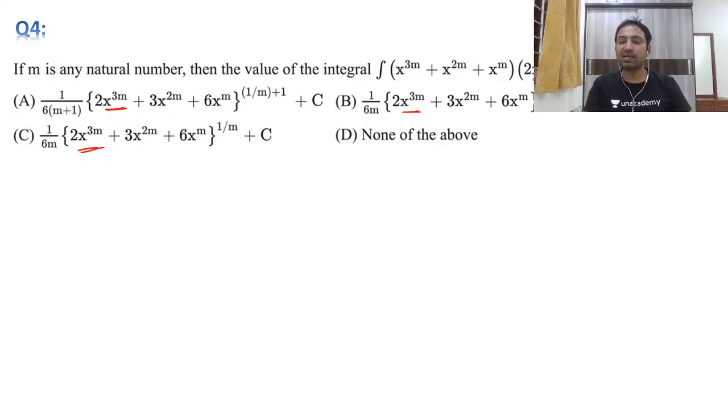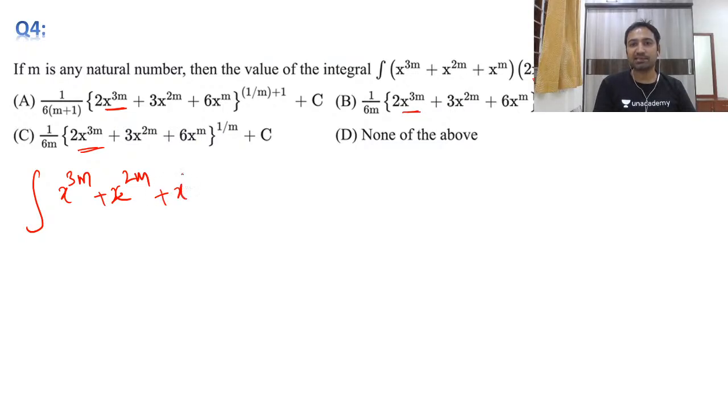To convert it into x power 3m, we can multiply with x, guys. If you multiply and divide with x, let's see what we get. x power 3m plus x power 2m plus x power m, divided by x, into.